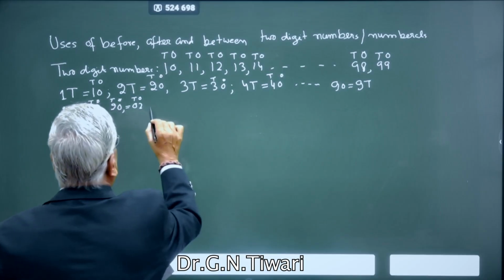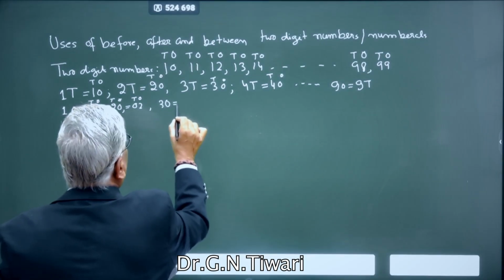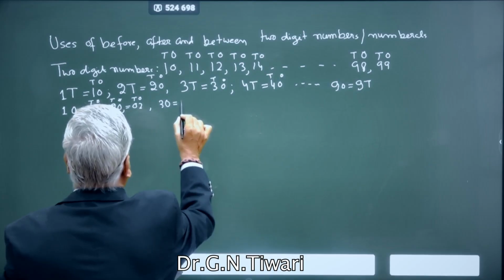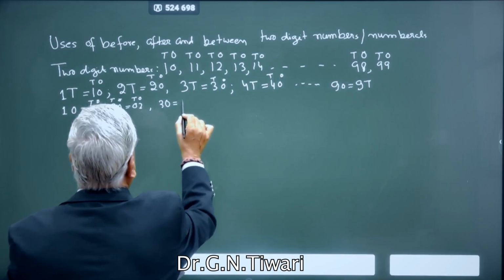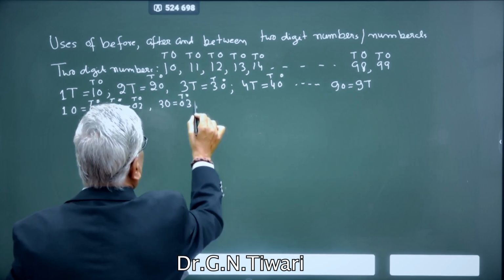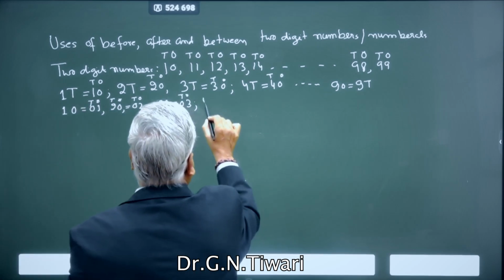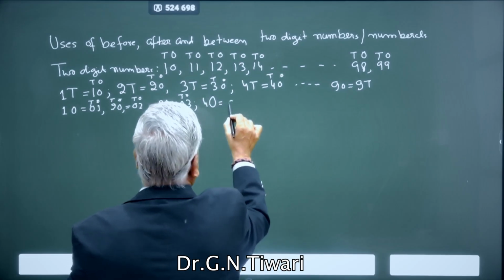Then similarly you go for 3O is equal to 0, 3. Then 4O is equal to 0, 4.